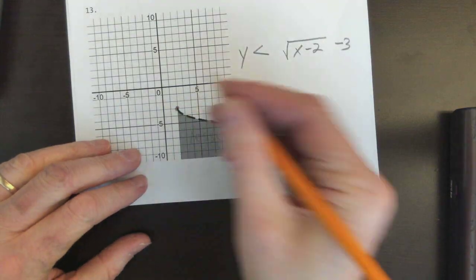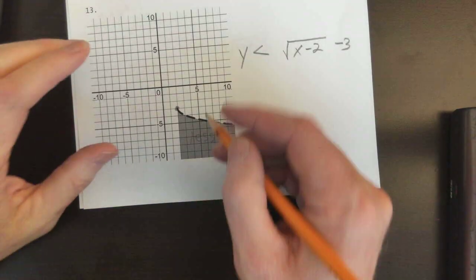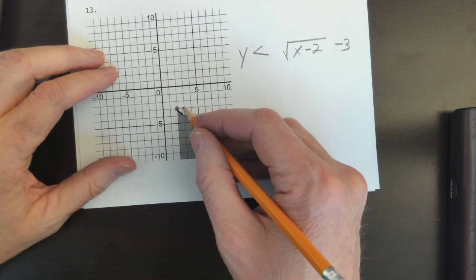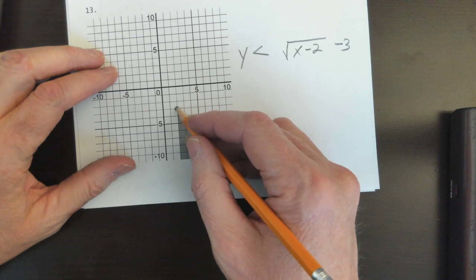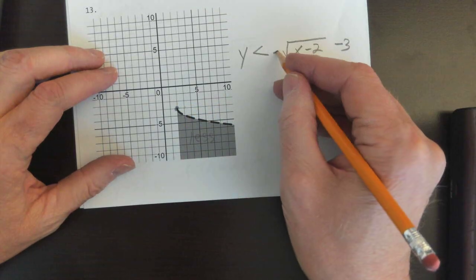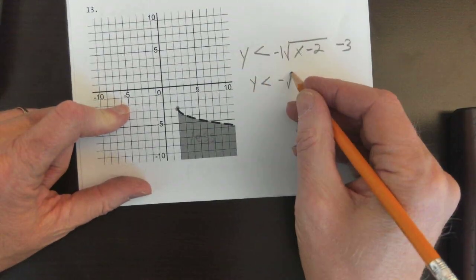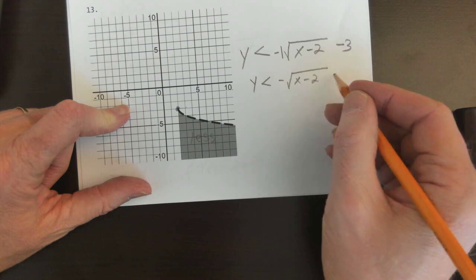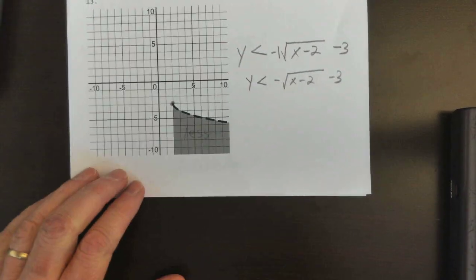That's the starting point right there. And the only difference is instead of going right 1 and up 1, we went right 1 and down 1. So that's a -1 there. Or if you prefer not to write the -1, you can write this. Okay, there you go, guys.